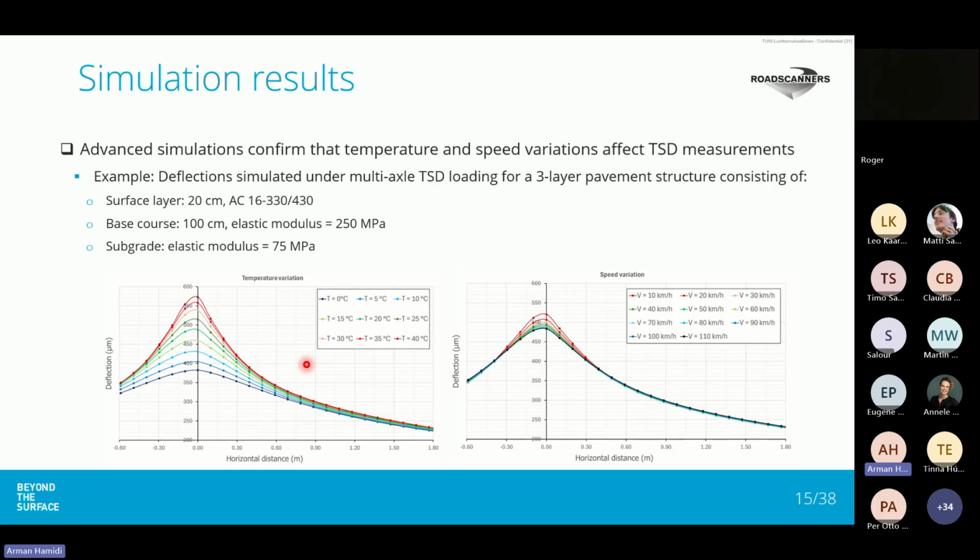And in comparison between temperature effect and speed effect, we can say that in general, temperature has a more pronounced effect on deflection values, but both temperature and speed affect deflections.